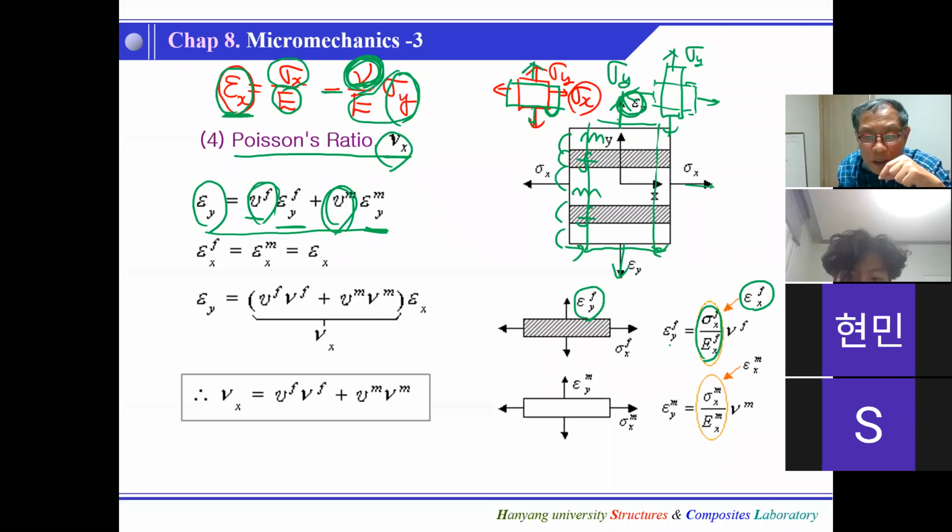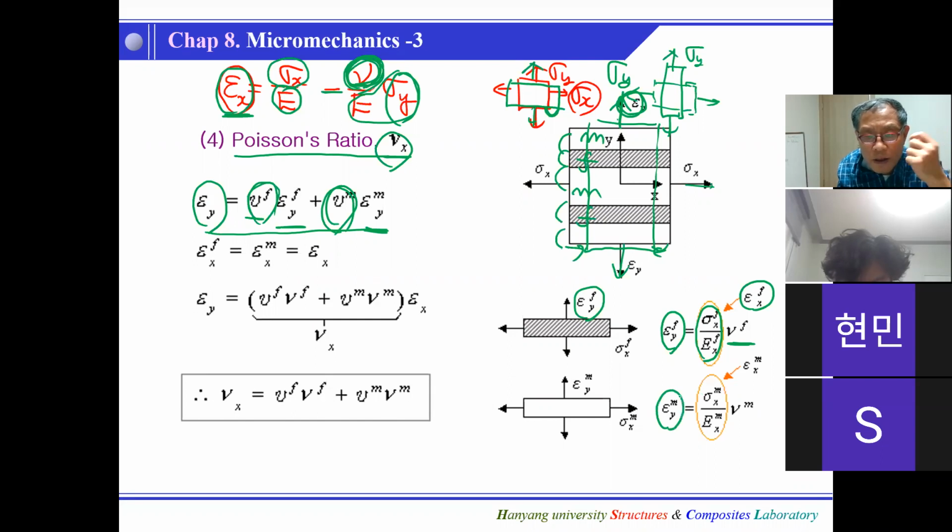This is the transverse strain, and this is the definition of the Poisson's ratio of the fiber. And same for the matrix. This is the transverse strain, and this is the amount of the extensional strain, and this is the definition of the Poisson's ratio.